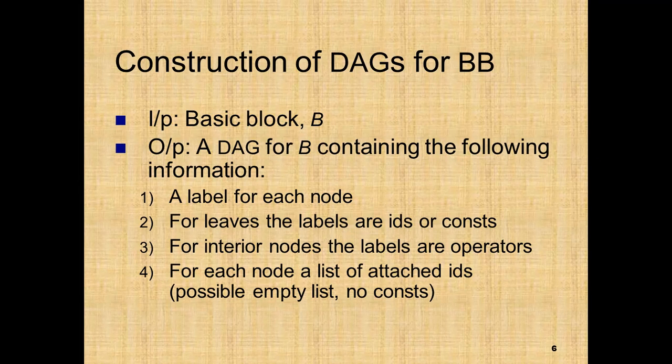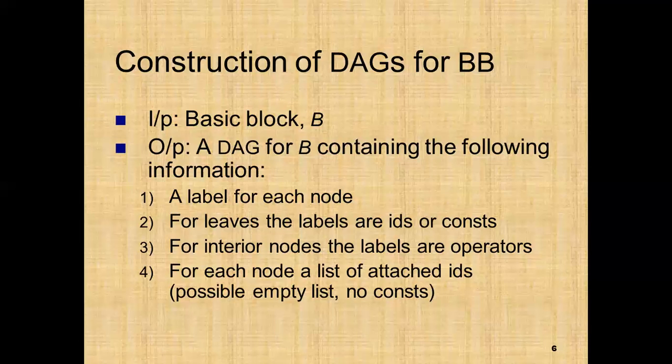Now you can see number one, a label for each node. First we will write a label for each node. Number two, for leaves the labels are IDs or constants, identifiers or constants. Now you can divide your nodes into a number of leaves, that is called the sub nodes or children nodes. So leaves are called the children nodes.